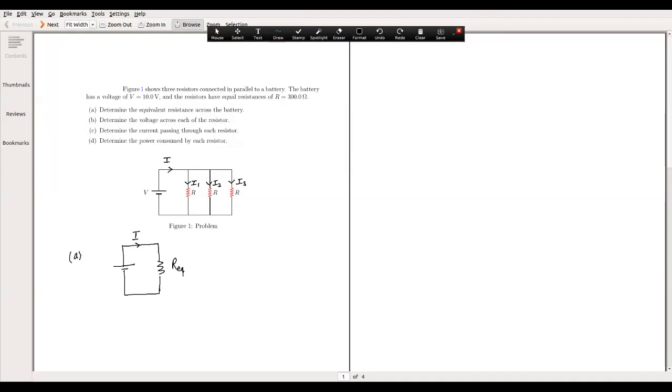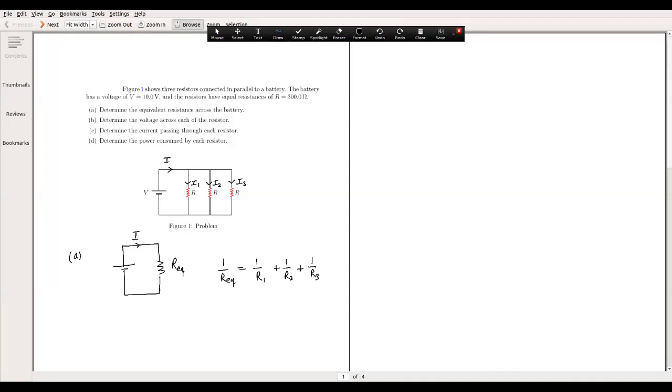And for the equivalent resistance, we have concluded separately elsewhere that in parallel, the inverses of the resistances add up. So it's 1 over R equivalent equals 1 over R1 plus 1 over R2 plus 1 over R3.